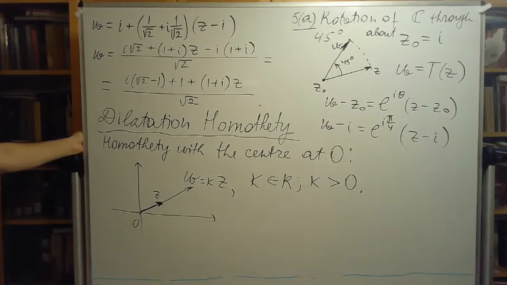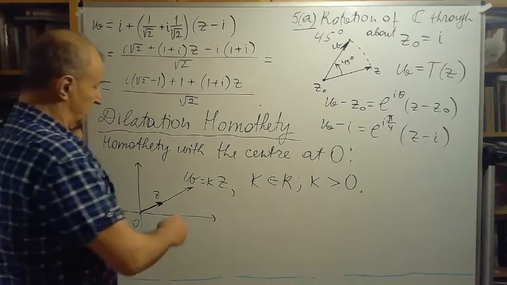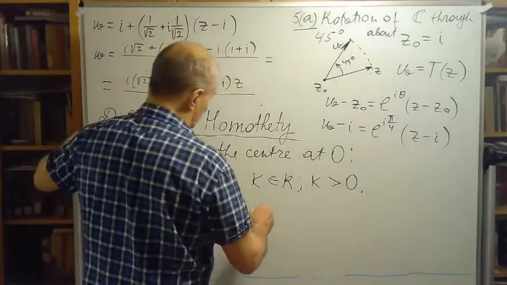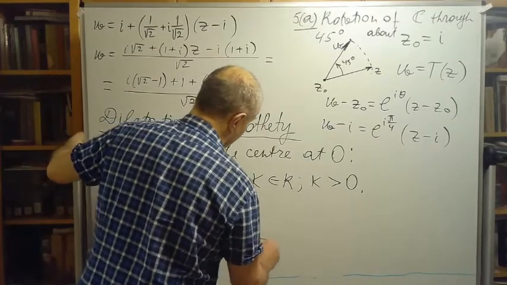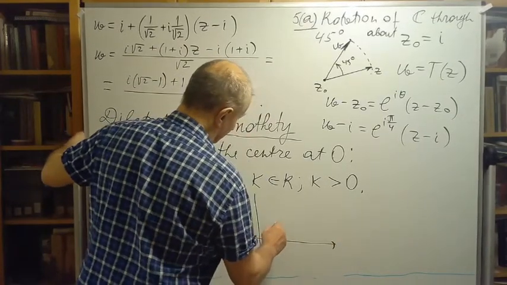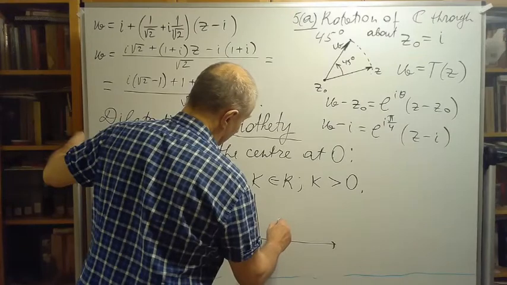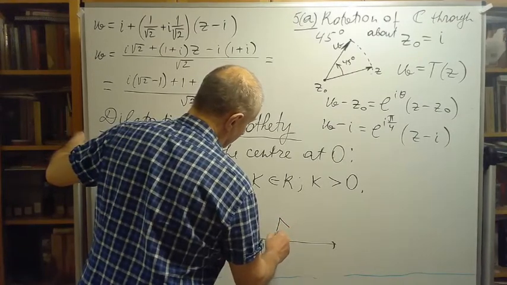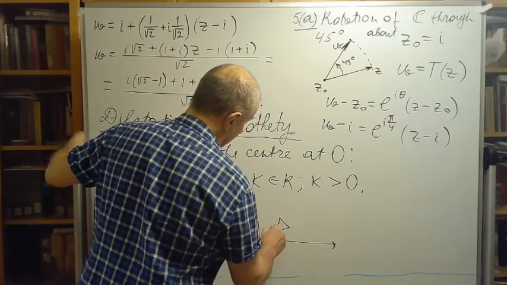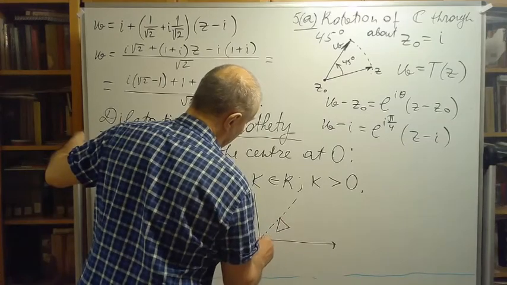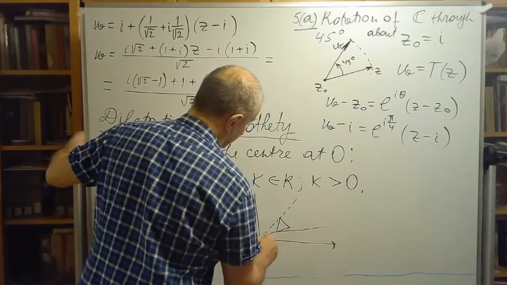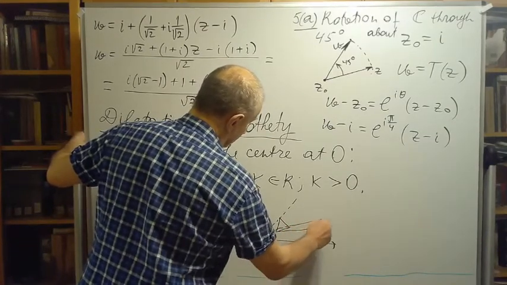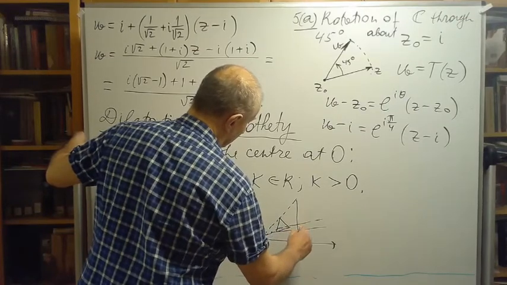Homotety translates figures into similar figures. Similar and similarly situated figures. What if you perform a homotety, for instance, of some triangle? Suppose this is the triangle to which you apply homotety. You know how you apply it. We solve many problems in elementary geometry using this homotety thing.